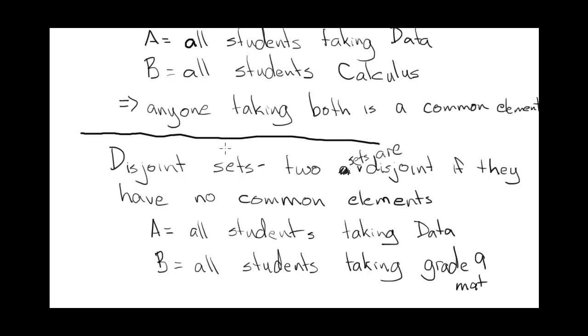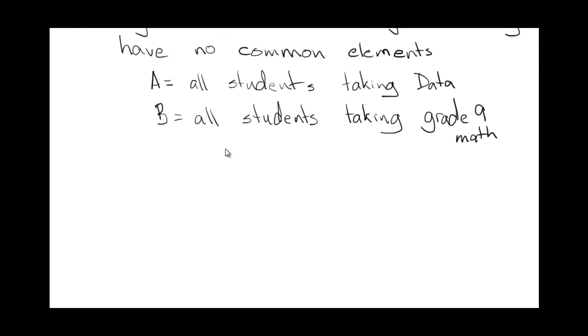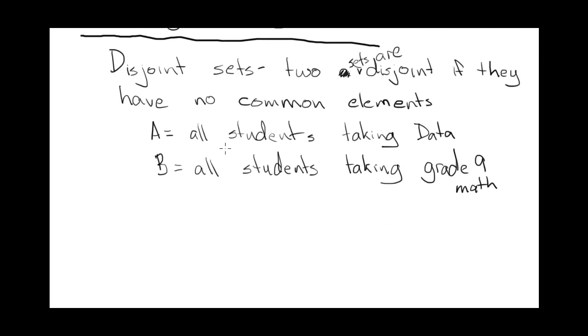So obviously there's no one taking data and grade 9 math. You're not allowed to take those both, right? You can't take data until after you've taken grade 9. So there's no one who's going to be in this set and this set. So that would be what we call disjoint sets.